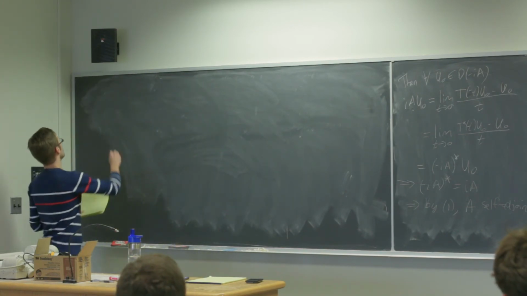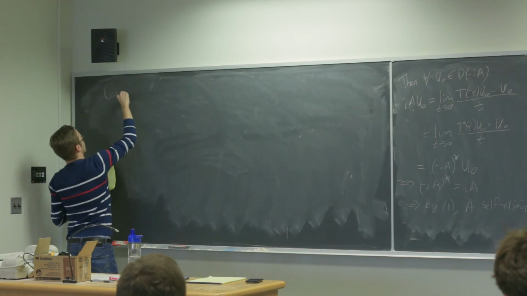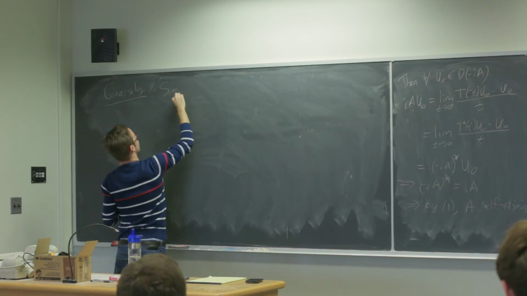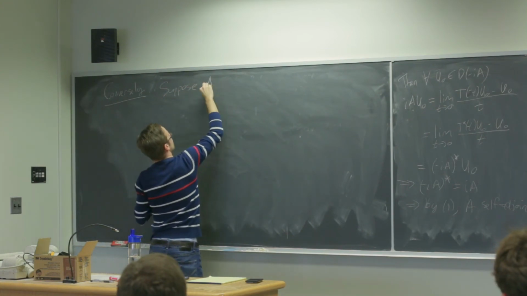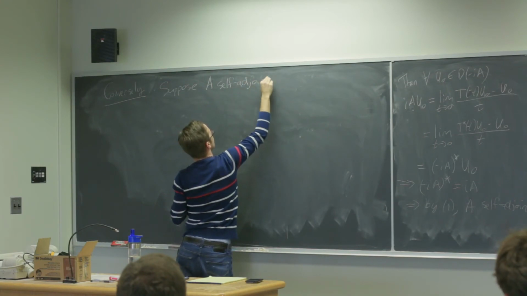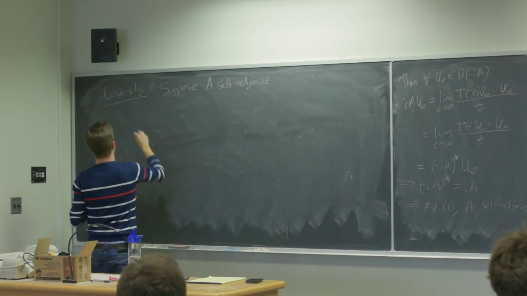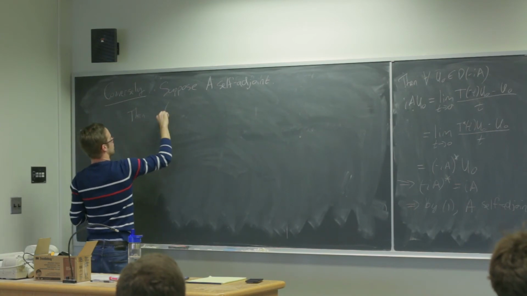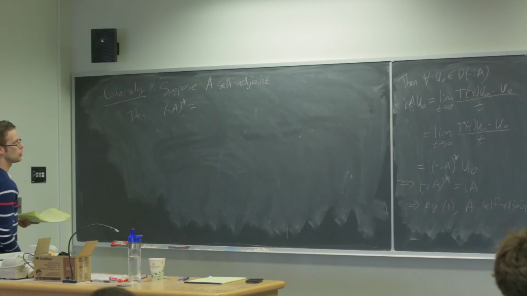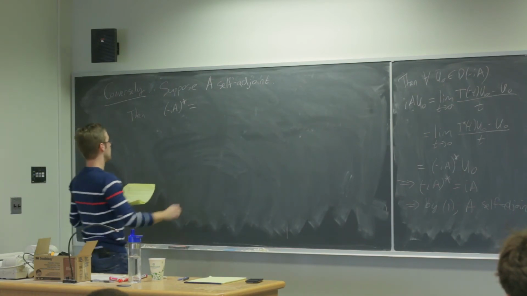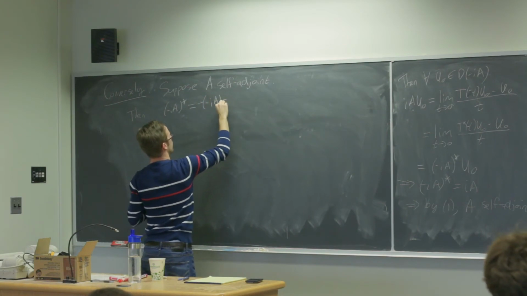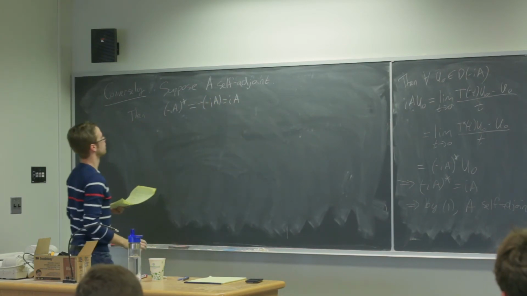So now we're going to suppose A is self-adjoint. Then if I look at (minus iA)*, using the fact that A is equal to A*, this will be minus iA, which is iA.